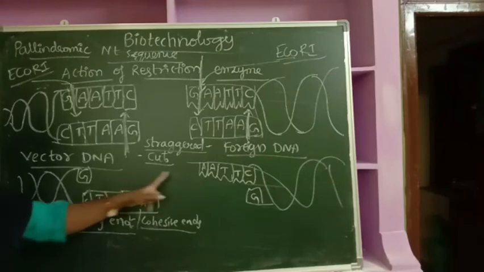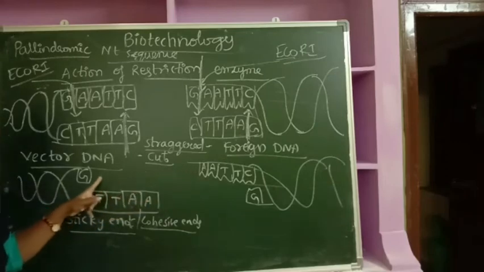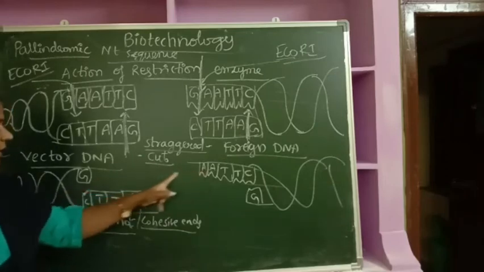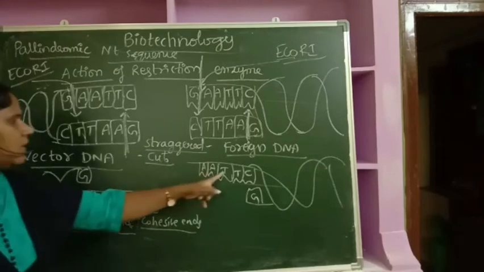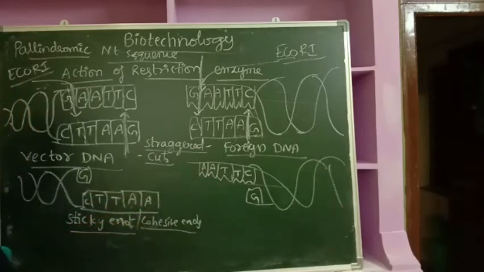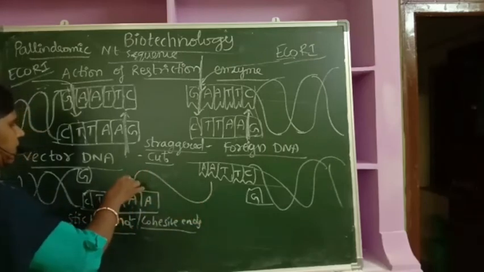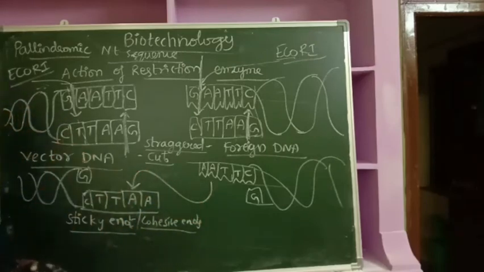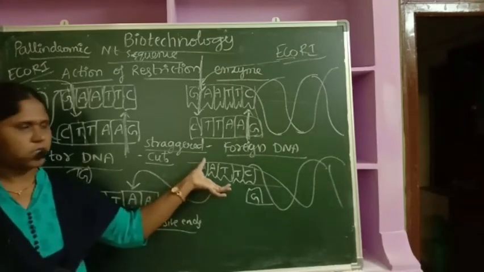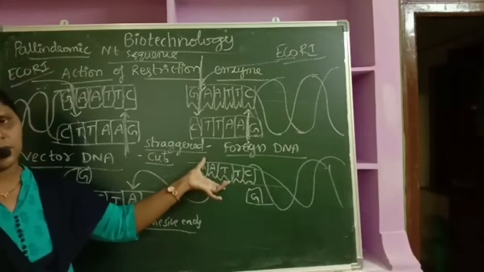Now when the staggered cut is made, automatically what is there here? T is there. Here A is there. A will come and bind with T. The second A will come and bind with T. T will come and bind with A, like that. So now this foreign DNA will come and bind with the vector DNA. This foreign DNA has overhanging stretches, called sticky ends or cohesive ends.